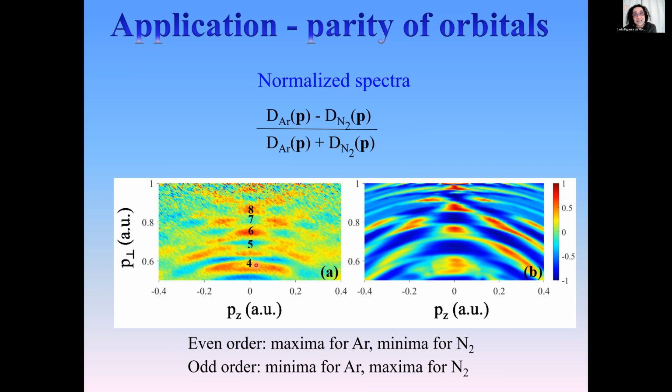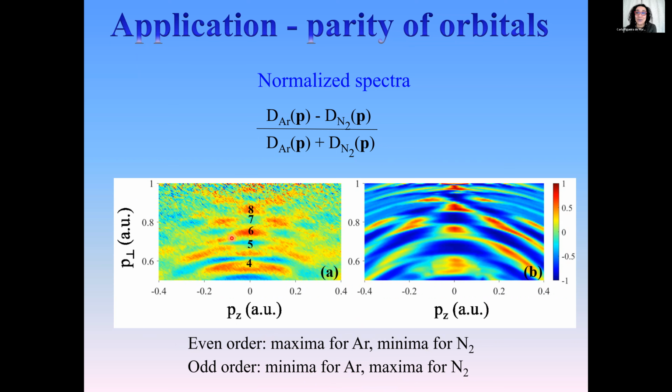As expected, there was a phase difference of pi, where you had a maximum for argon, you had a minimum for N2, and the other way around, both in experiment and in the CQSFA using orbits 3 and 4. So it was quite nice, and we were happy about it.